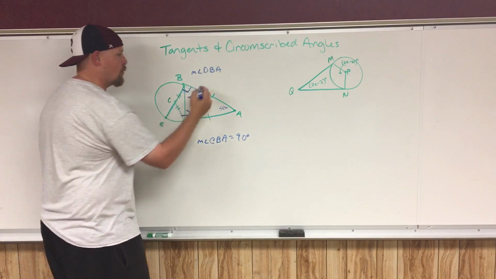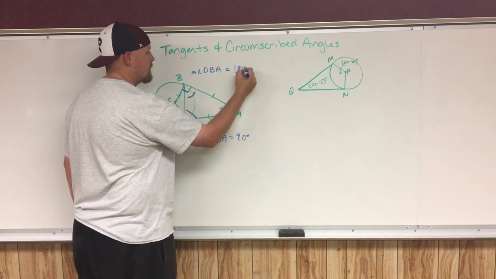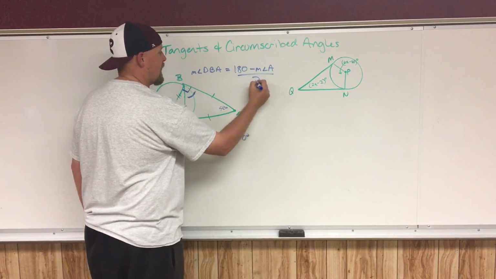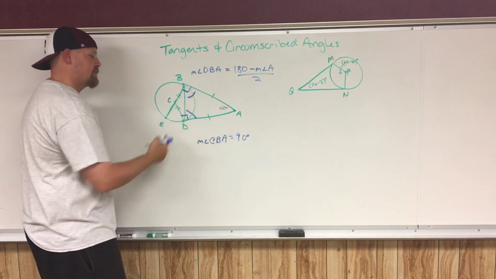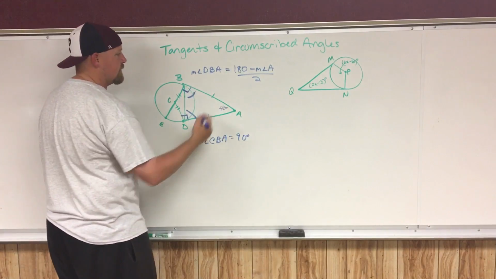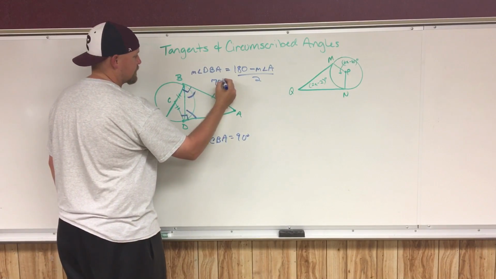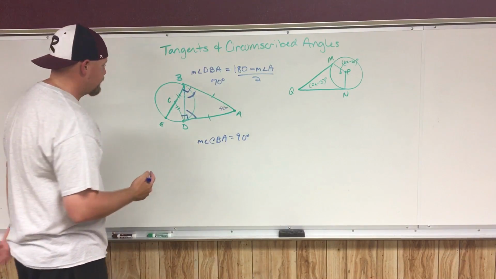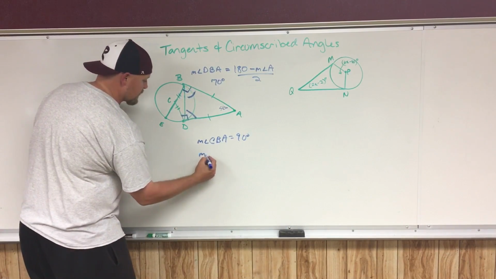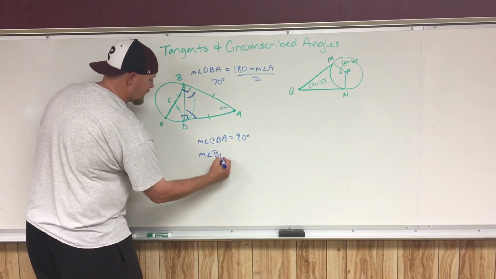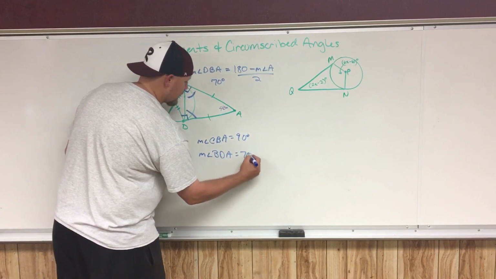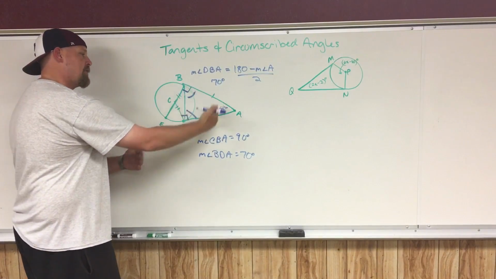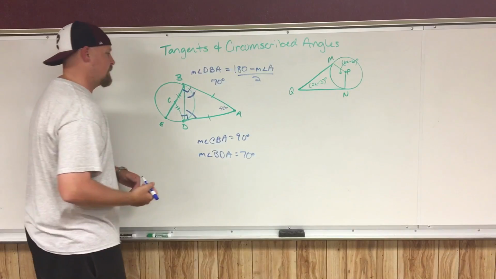And so I can take 180 minus the measure of angle A and then divide that by 2. And that's going to give me the measure of DBA, which I believe is 70 degrees. 40 away from 180 is 140, divided by 2 is 70. Well, so that also means that the measure of angle BDA is 70 degrees, because this is an isosceles triangle. Base angles are congruent, and all three angles add up to 180 degrees.